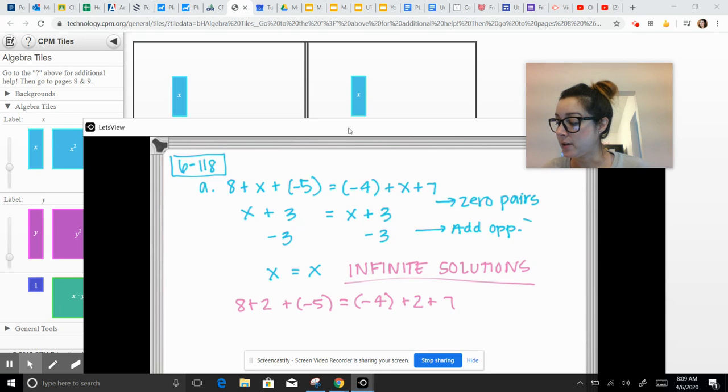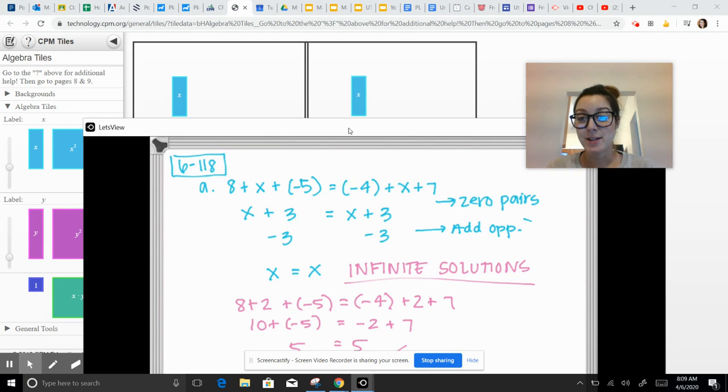That would leave me with 10 plus -5 equals -2 plus 7, which leaves me with 5 equals 5, and it balances and checks. Trust me, if you plug in any number for x, it will work. So this is infinite solutions when you get x equals x at the end.